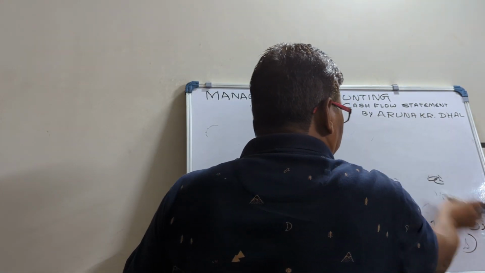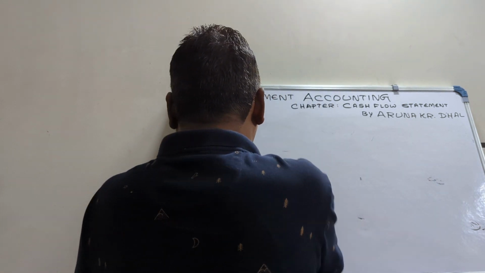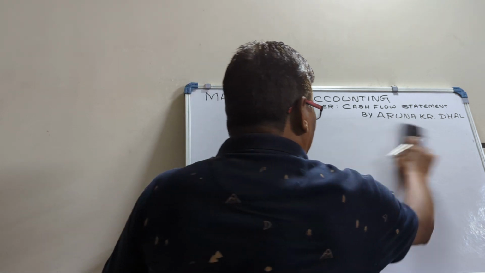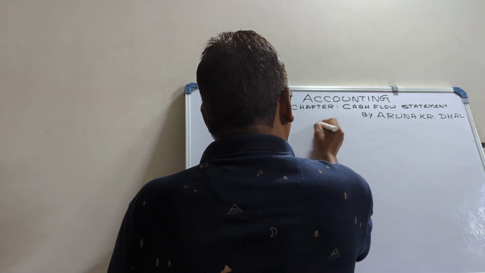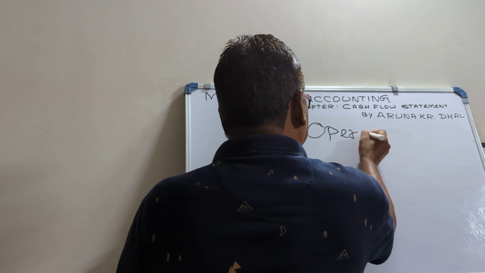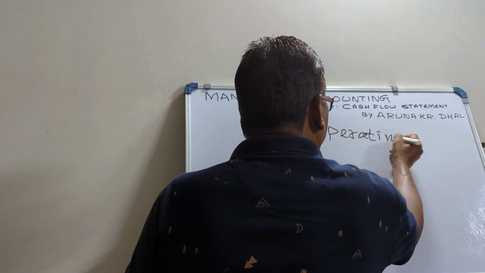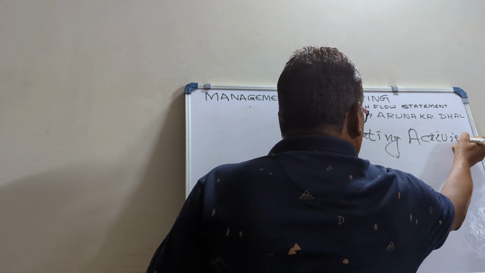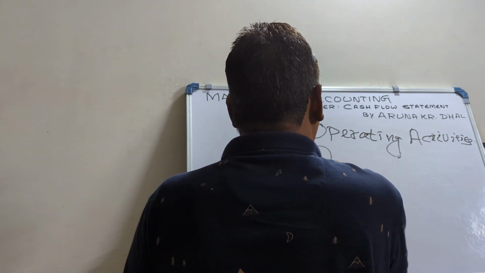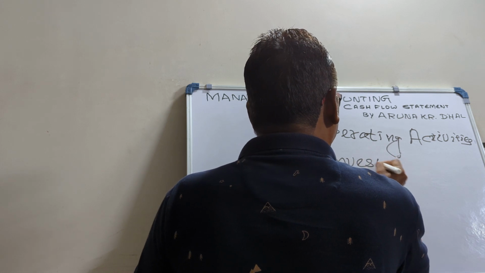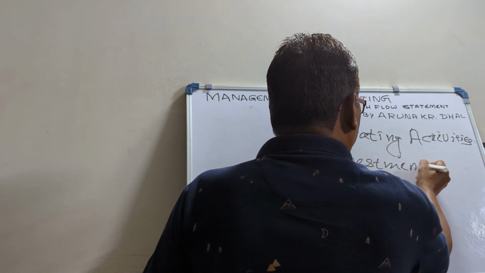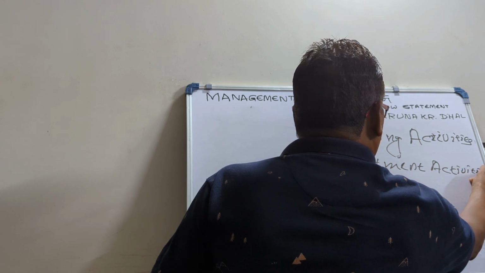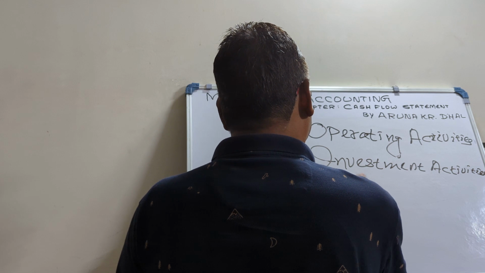One is operating activity, second is investment activity, third is finance activity. First, operating activities. Second is investment activities. Third is finance activities.